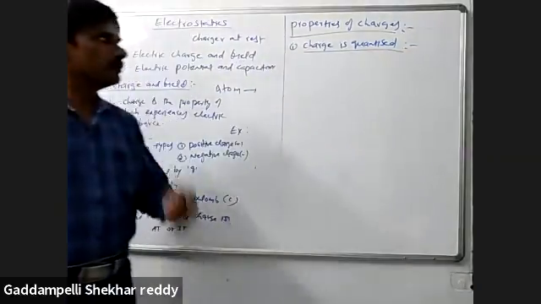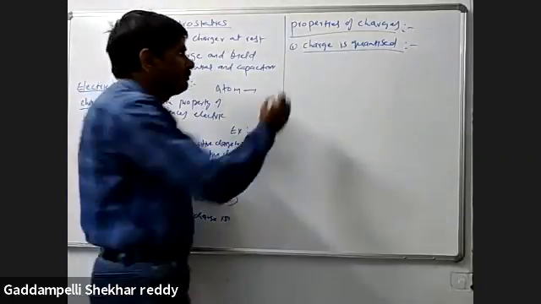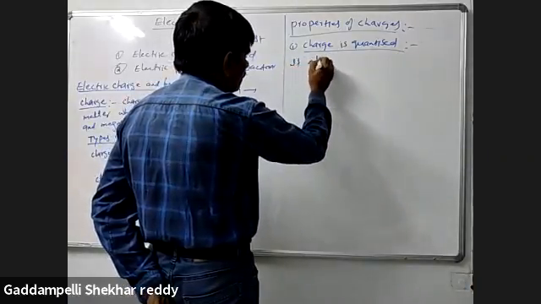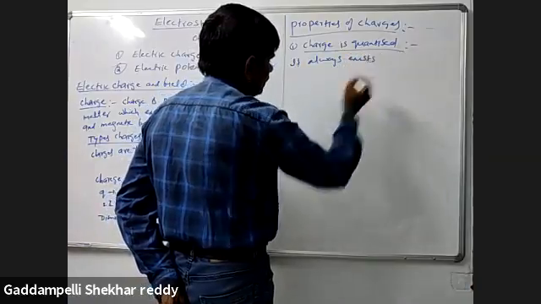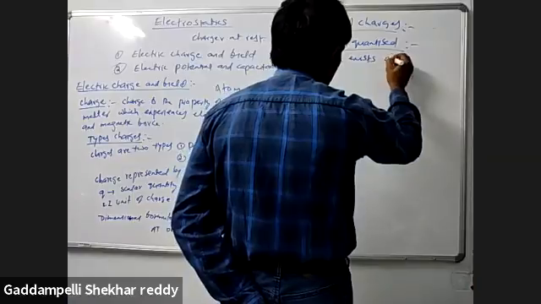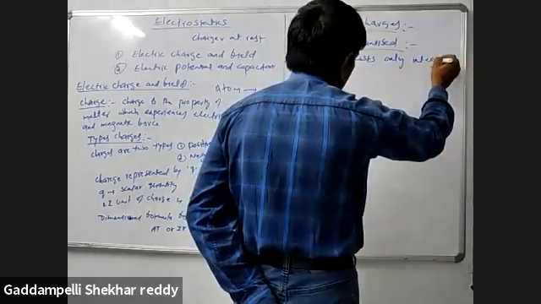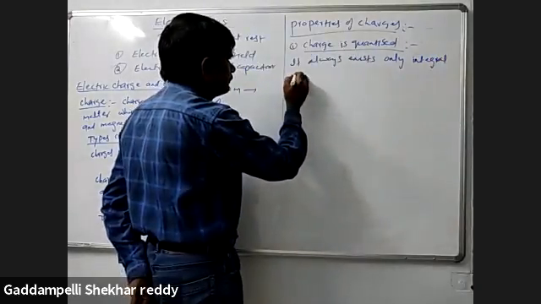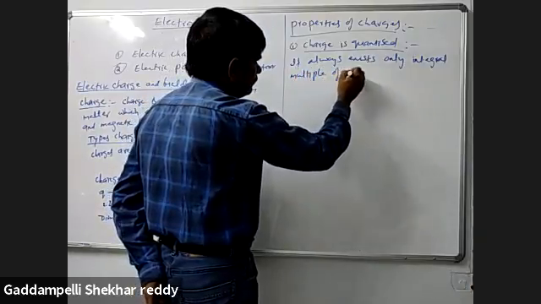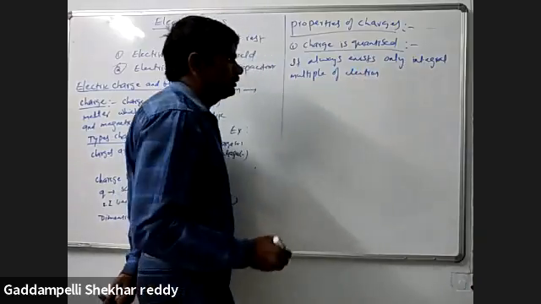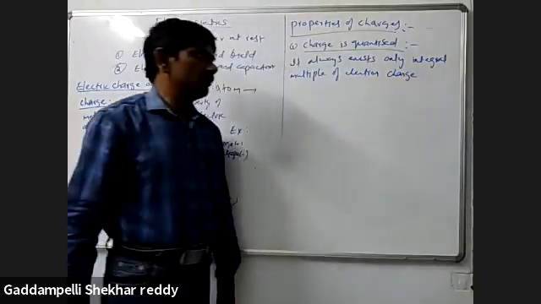Quantized means it always exists only as an integral multiple of the electron charge.